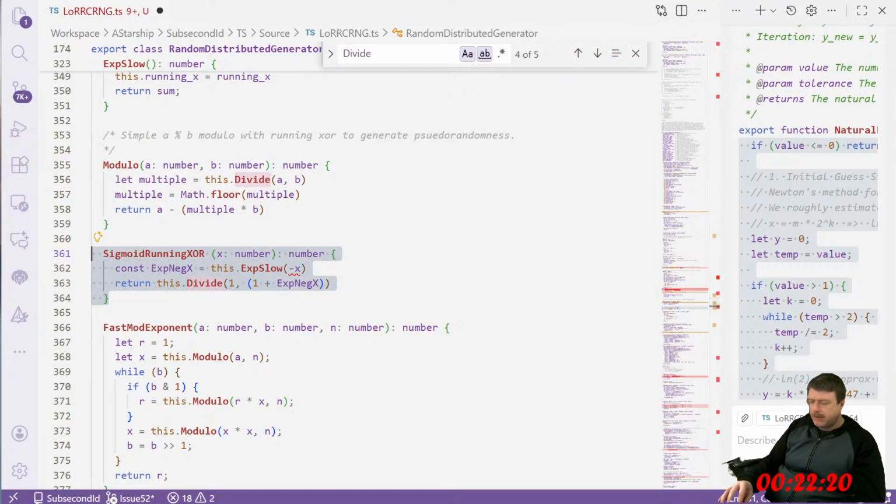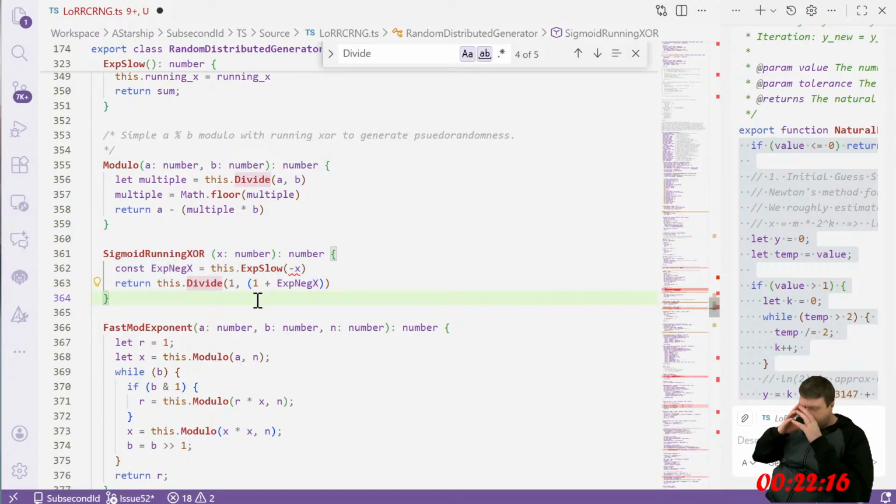This I do not have. So what do I do with this? Sigmoid, running error. Okay, so what's happening here?